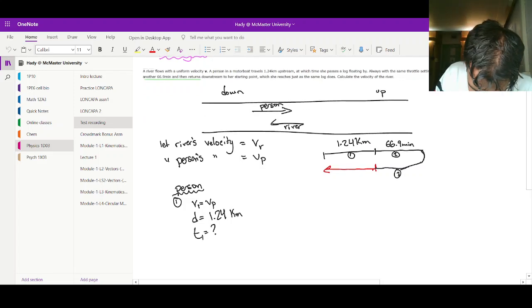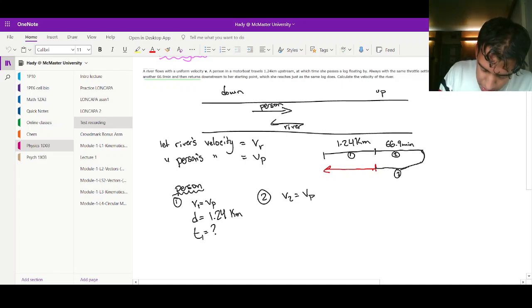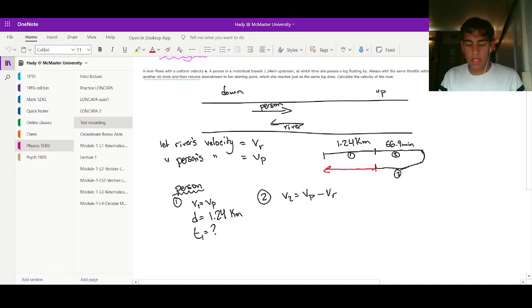After this, we have scenario 2, where velocity 2 is equal to VP once more. And actually, in velocity 1 and 2, VP is the speed of the motorboat, but the velocity is actually the speed of the motorboat minus the speed of the river, because velocities are vectors, right? So they add up. If you have VP going this way and VR going that way, they'll cancel out.